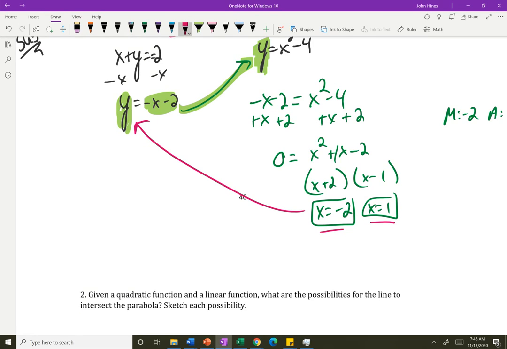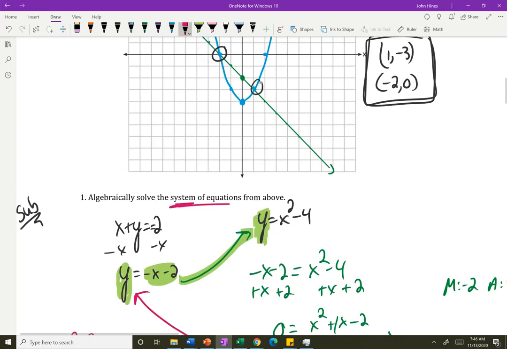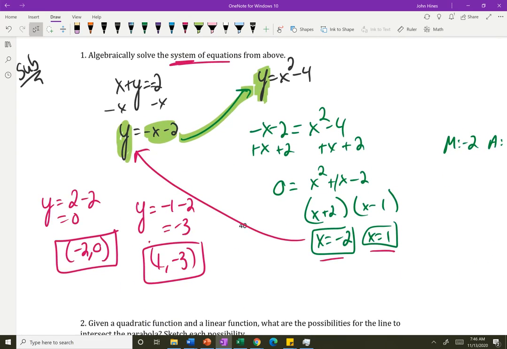I'm just going to plug in a positive 2. Y equals the opposite of x minus 2, which is 0. So that's the point negative 2, 0. That's one of the points. Or y equals the opposite of x, negative 1 minus 2 is negative 3. So 1, negative 3. And these points look identical to what we got graphically because we solved the same system. This time I was just doing it algebraically.